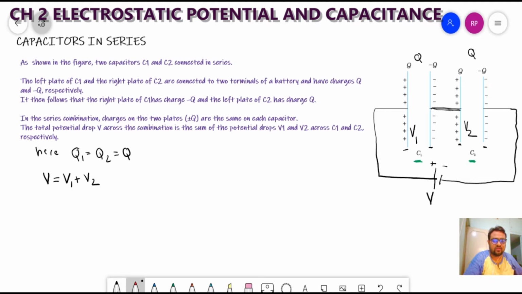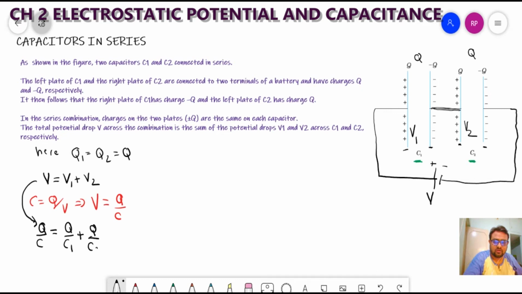Okay. Now we are having the formula C equal to Q by V. So what does this imply? V equal to Q upon C. So I will use this formula here. So I will get Q by C that will be equal to Q1, but Q1 equal to Q2 equal to Q. So I'll write down Q upon C1 plus Q upon C2.